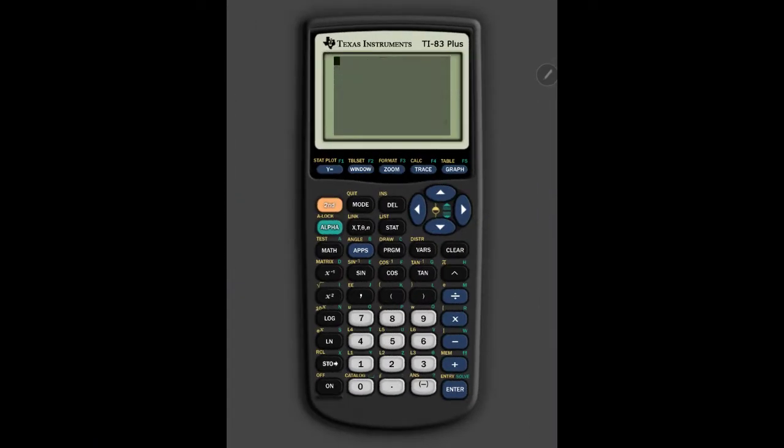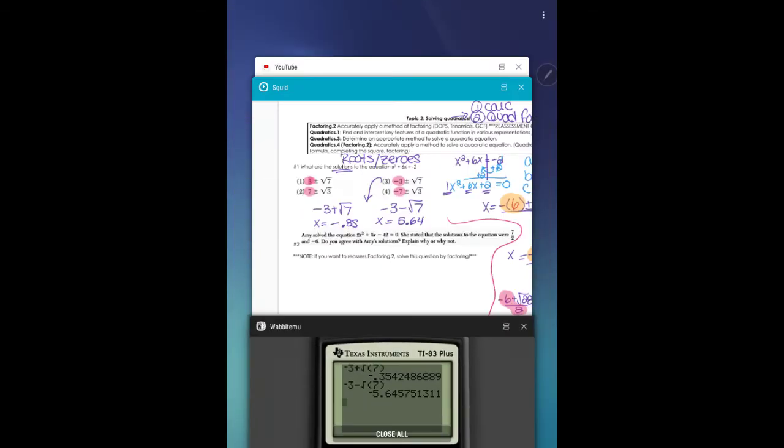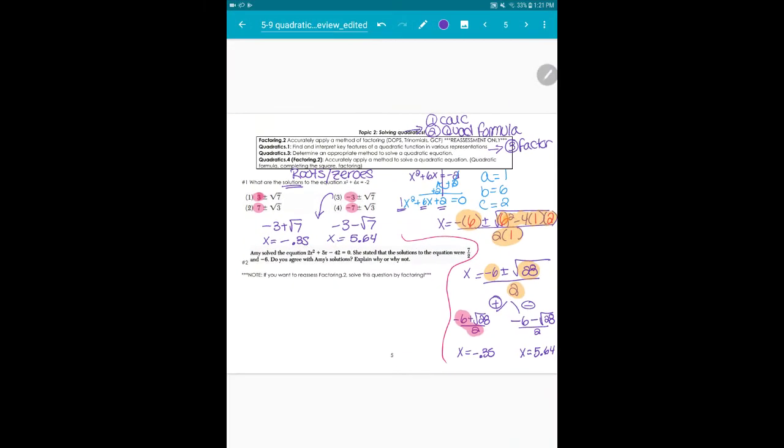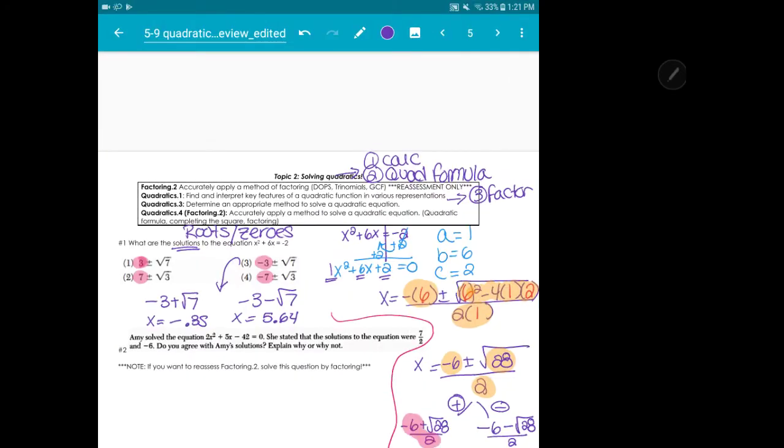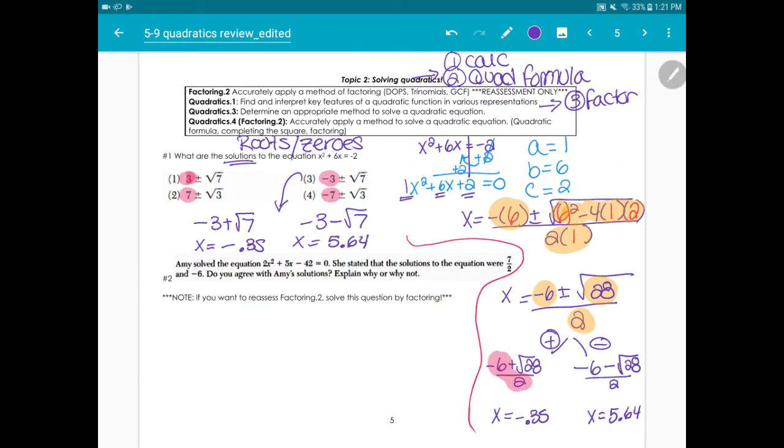So let's just double check that. -3 plus √7, good, that one works, and -3 minus √7, that one works too. So my answer is choice number 3 because it gives me the same exact answers that I got when I did my quadratic formula. Okay?